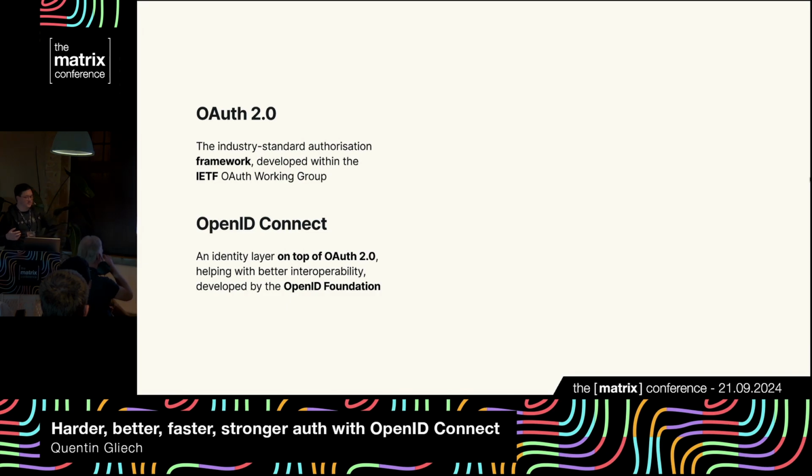And you also have OpenID Connect, which is a set of specifications giving an identity layer on top of OAuth2, which is intended to help with better interoperability and is developed by the OpenID Foundation.